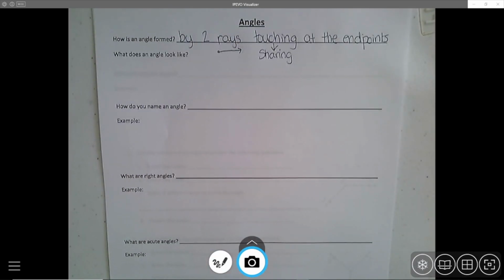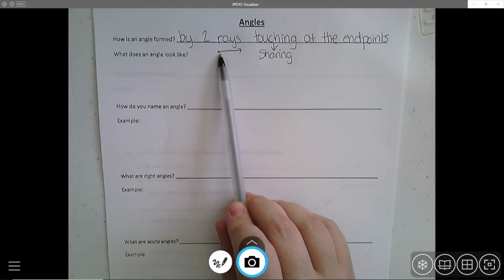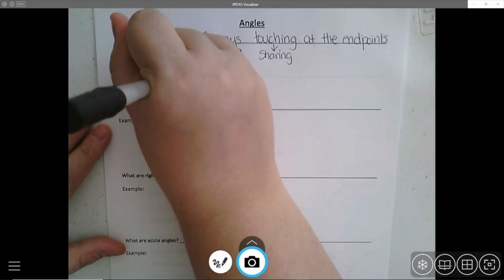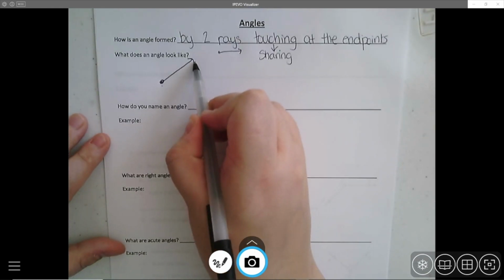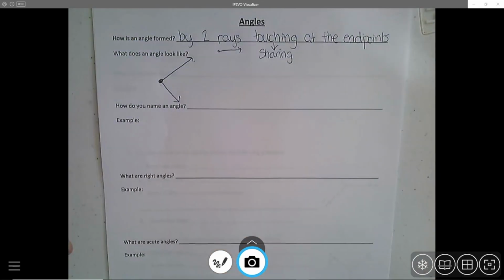What is going to happen is that two rays are going to touch or share this common endpoint to form an angle. So if we look at it, I'm going to draw one ray down here at the bottom. My endpoint, my side with the arrow. Off of that endpoint, I'm going to go in another direction and draw that same ray.